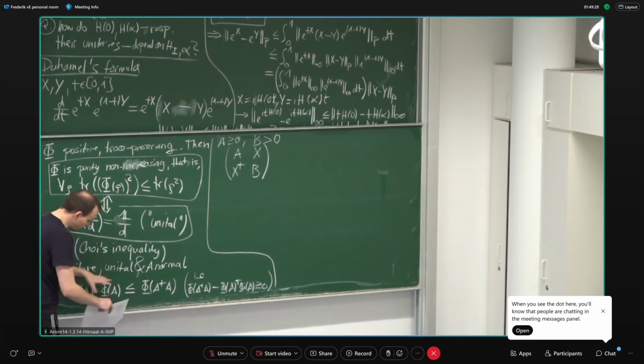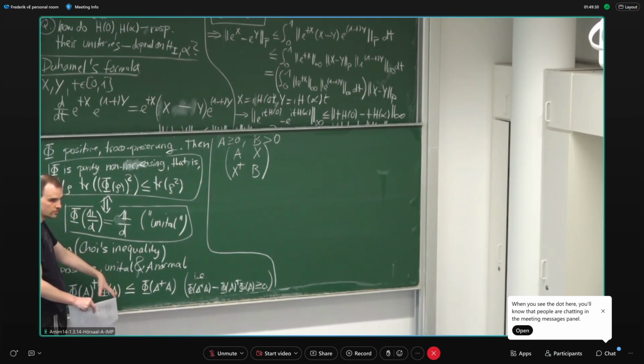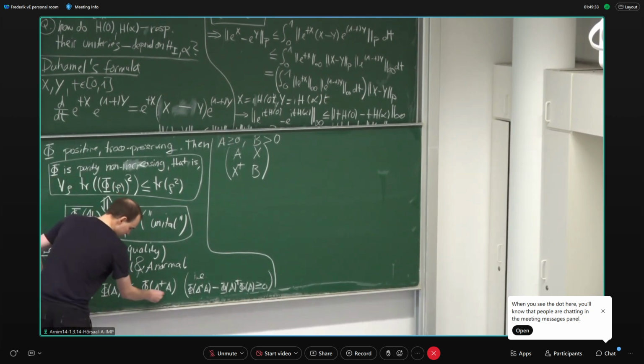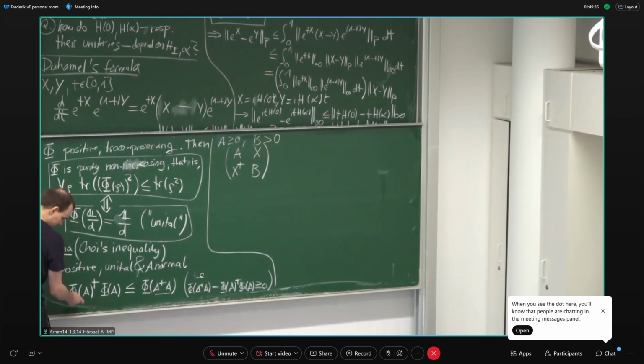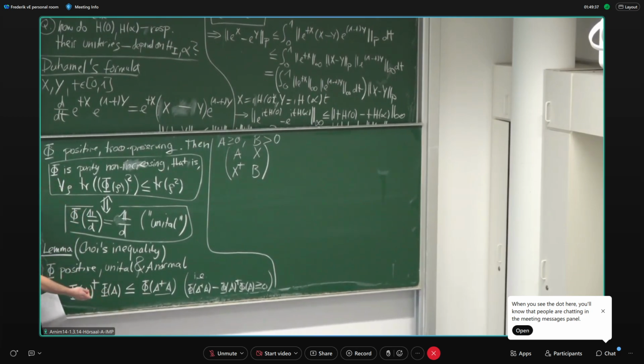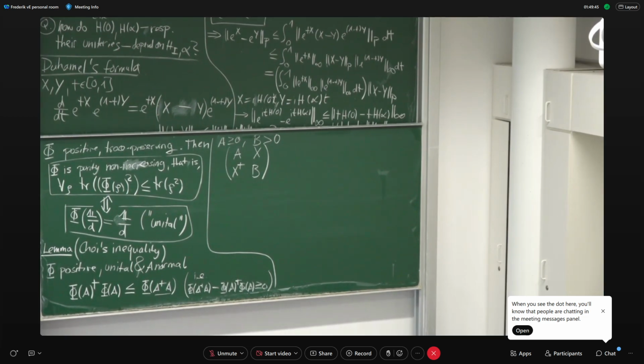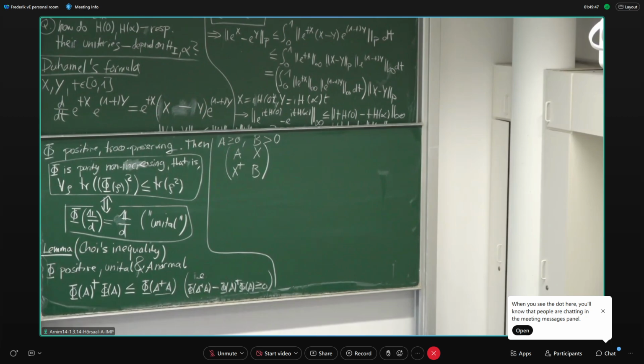So if A is not normal, this inequality need not be true. Of course, you can still formulate it, because this is a positive matrix, and something dagger times itself is also positive. Only Hermitian matrices can be positive, yes.